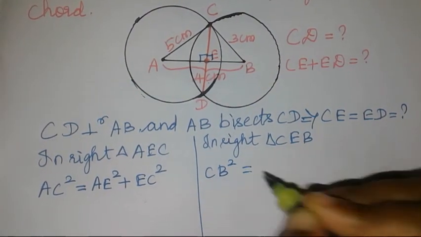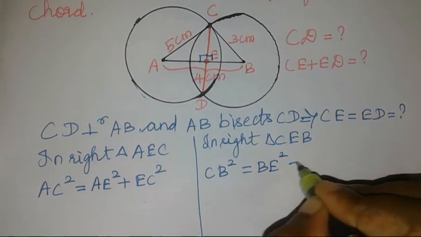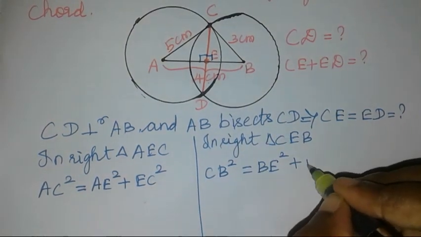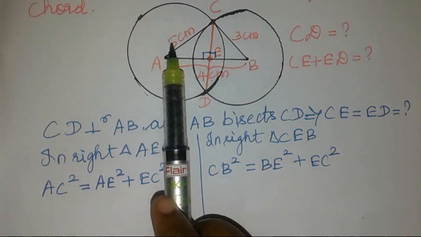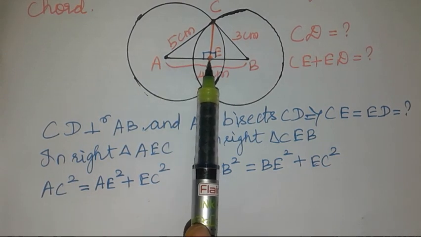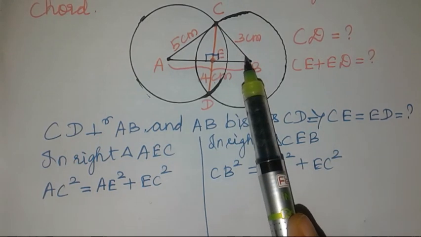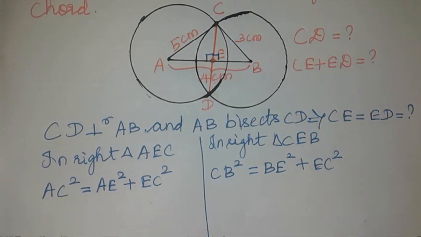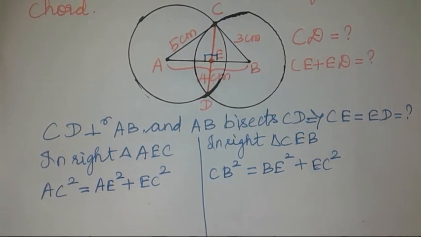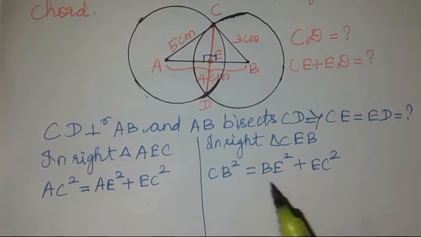So CB square is equal to BE square plus EC square. Look at the diagram here. AC is 5 centimeters, AE is unknown, and CE is the required one. CB is the hypotenuse, 3 centimeters, and BE is unknown. So when only one value is known and two values are unknown, let us consider one of the sides as x.